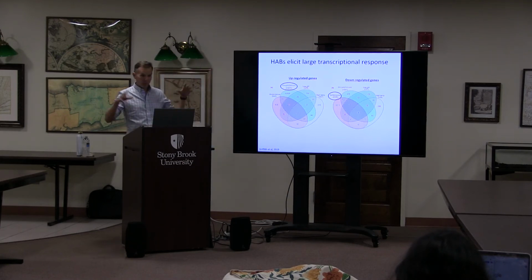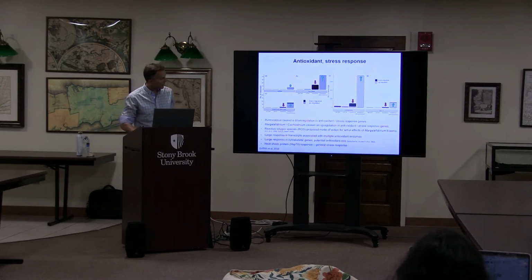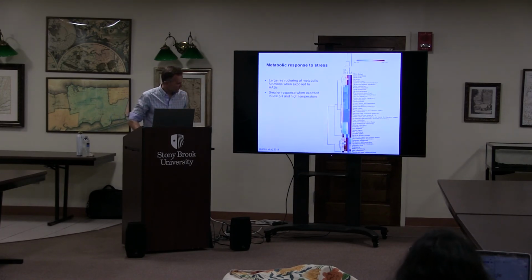So the biggest gene responses were to the harmful algal blooms, but these two blooms gave the larvae exact opposite responses.